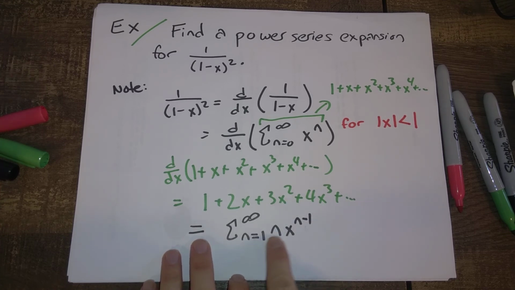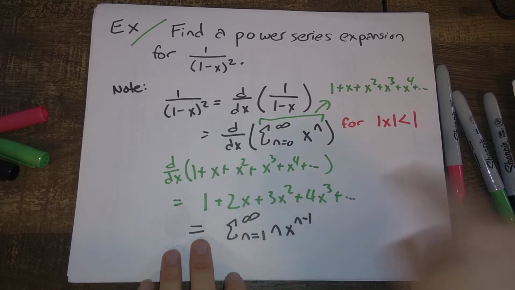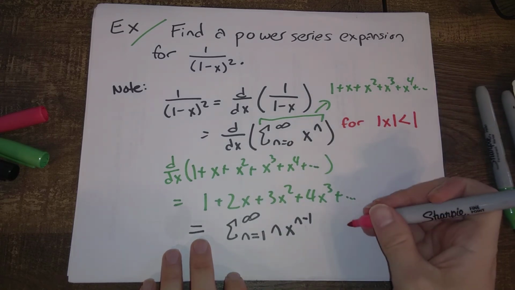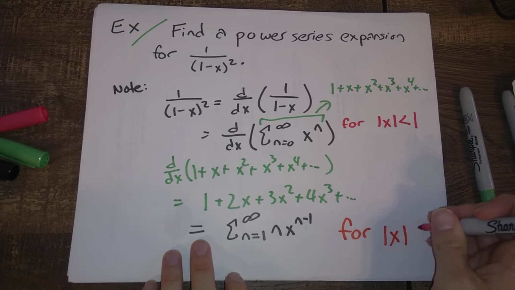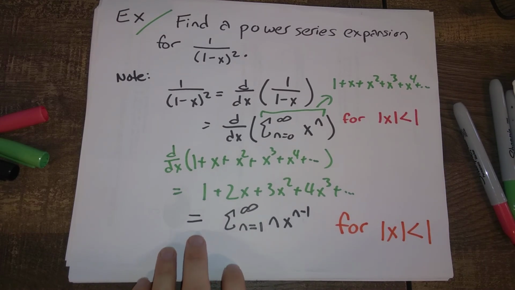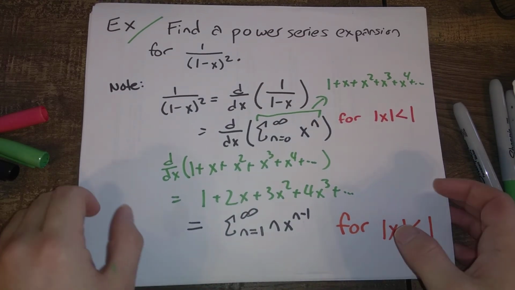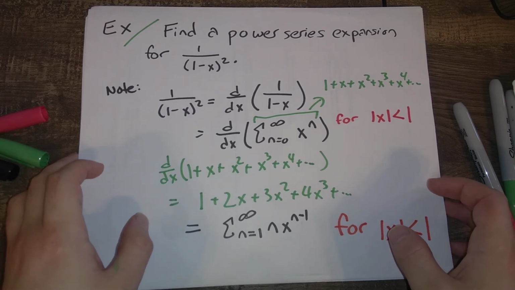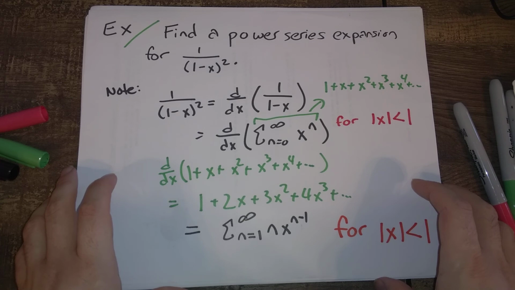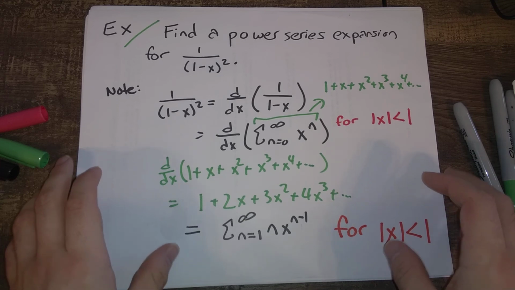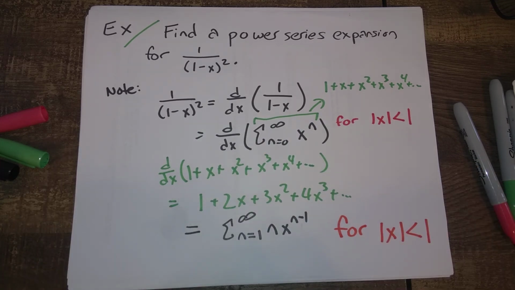When n is 3, we get 3 times x squared. So this is exactly what we have, and this is still valid for absolute value of x less than 1. We'll do at least one more example of this and play around with it, but this is how it works. So this gives us another powerful reason to care about power series.